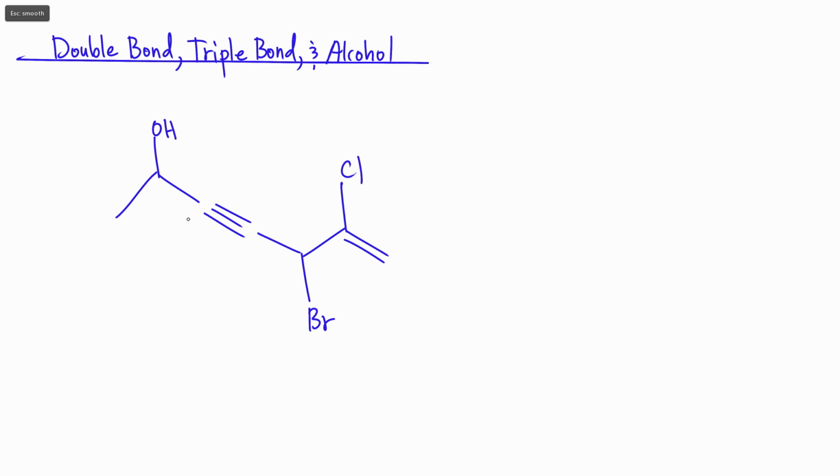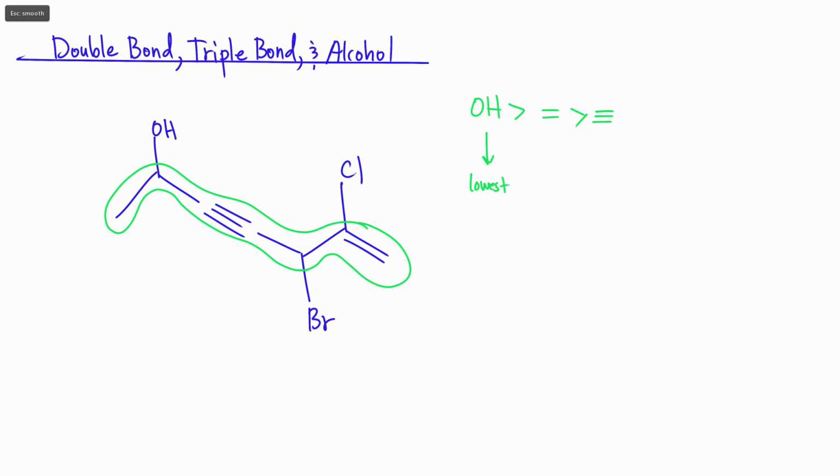Okay, so also with the alcohol, because this is going to be the parent chain. Okay, so your OH takes priority over what? The double bond, and that takes priority over the triple bond. So this would have the lowest number.